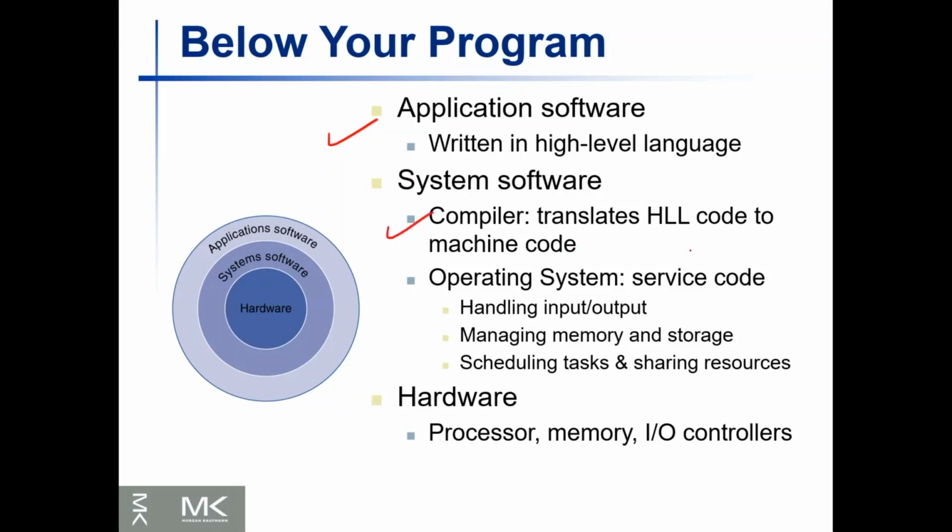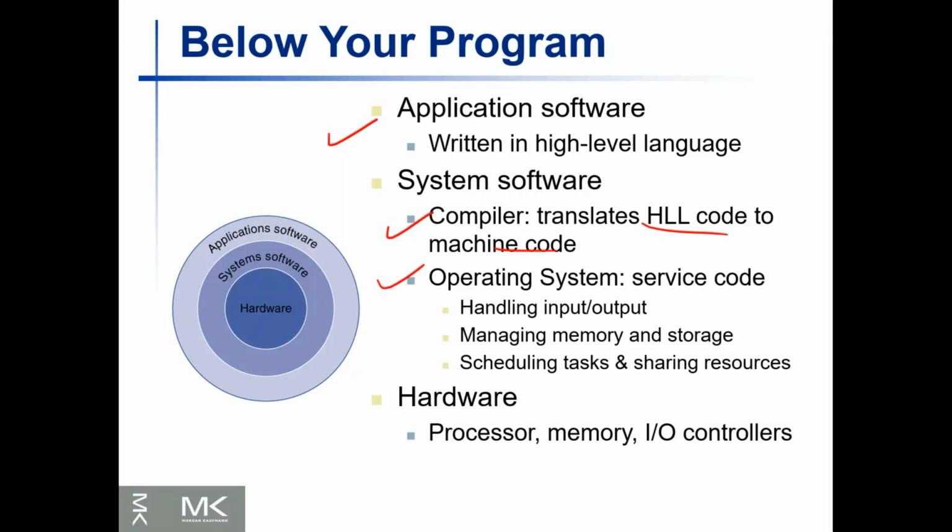And we use a compiler to translate the high level language to machine code. And of course, we have some operating system. The purpose of the operating system is to manage the resources. Why do we have Windows? Why do we have Linux? Why do we have Android OS? It's because a system needs to manage who gets to read the data from the drive, who gets to execute on the CPU, and how much memory your program is allowed to use.